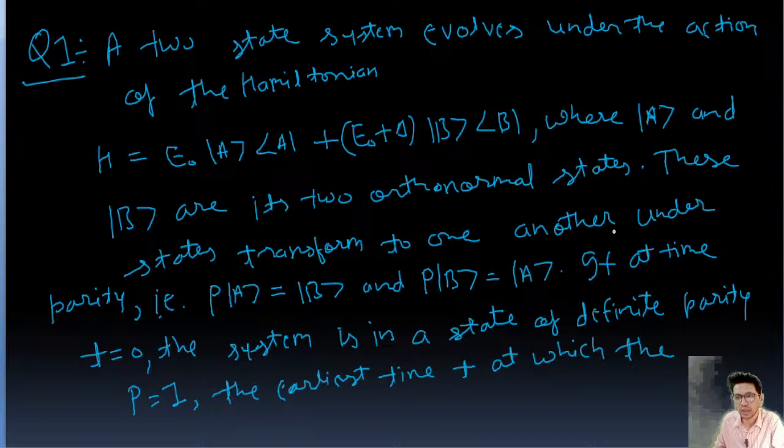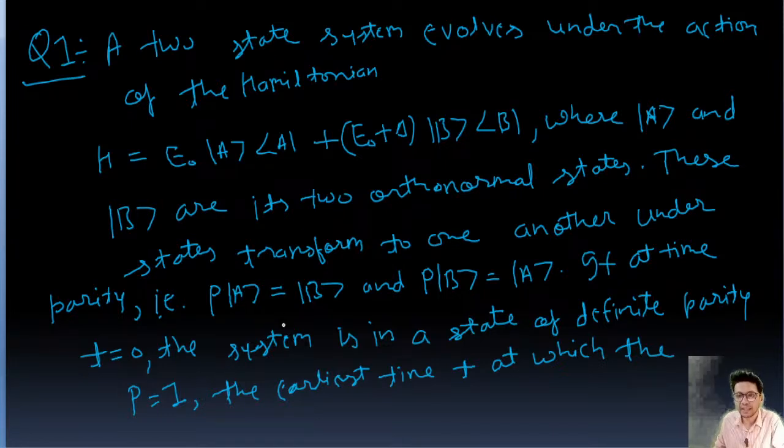If at time t equal to 0 the system is in a state of definite parity p equal to 1, so at t equal to 0 the system is in a definite state whose parity is 1, that is given.